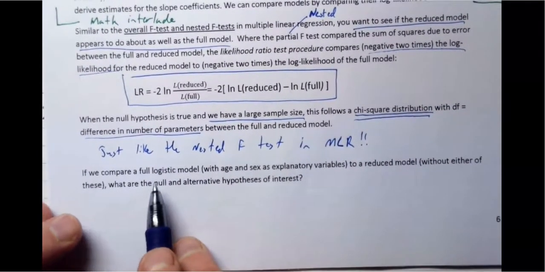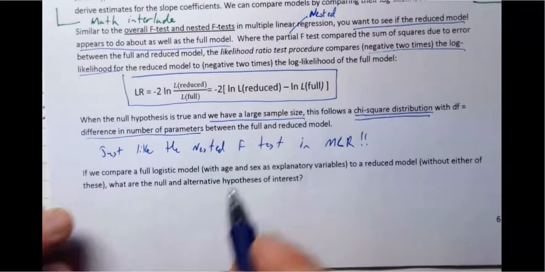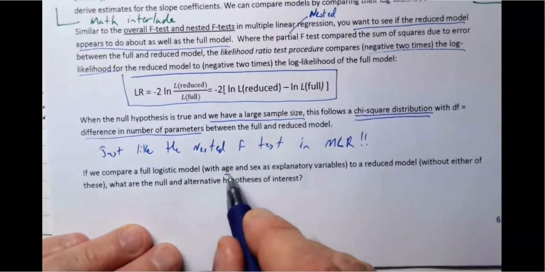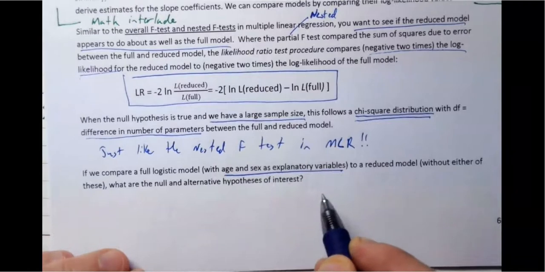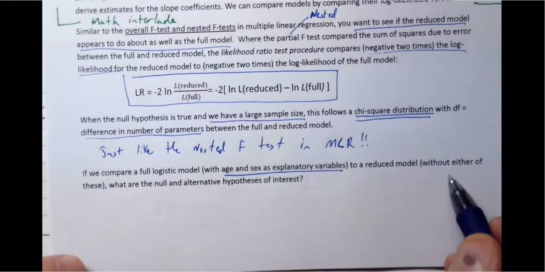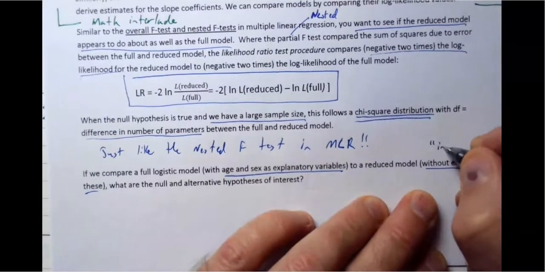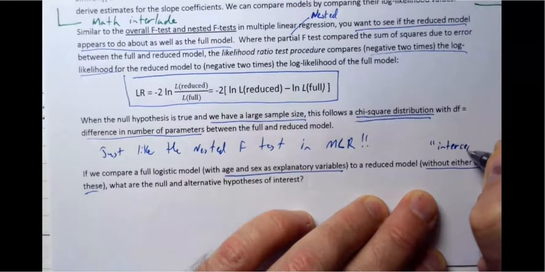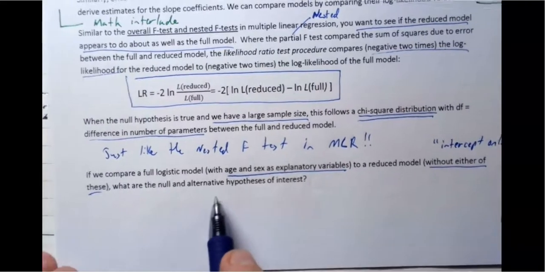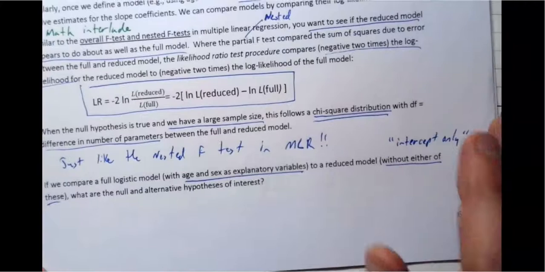So if we compare a full logistic model with our Donner data, where we have age and sex as the explanatory variables, to a reduced model without either of these, so intercept only, what are the null and alternative hypotheses of interest?